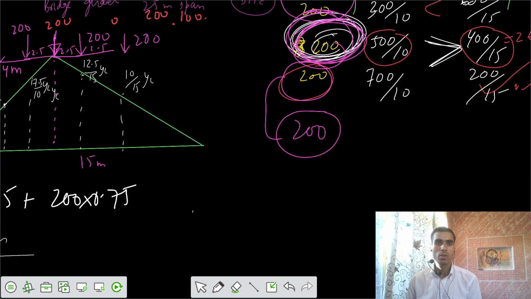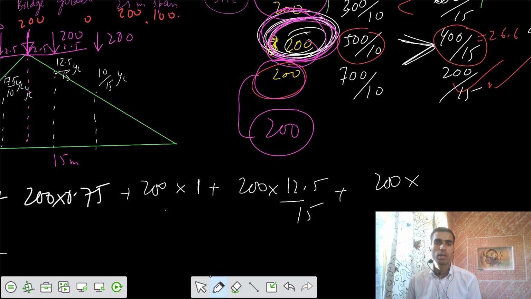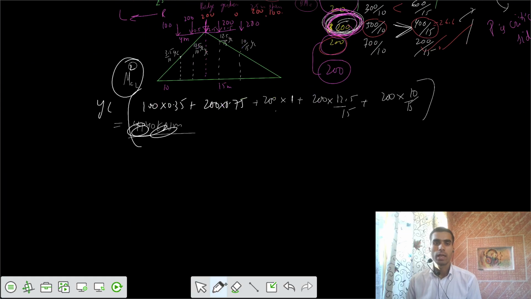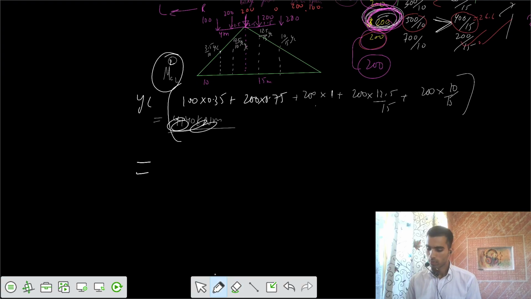After that, we have third load of 200 kilonewton into ordinate of YC. Then we have 200 into 12.5 by 15. After that, we have final one, 200 into 10 by 15. And whole multiply, we have YC. So finally we can write that it equals 41.10 kilonewton meter.